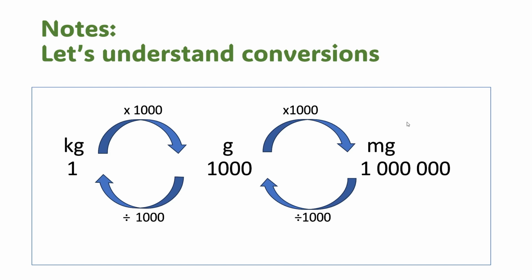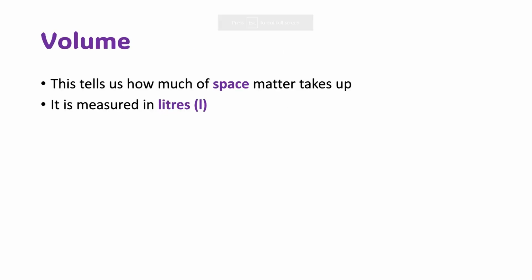And if I'm going from milligrams to grams, or from grams to kilograms, I divide by 1,000. Make sure to take these notes down or take a picture to save under a natural sciences folder so that you can recap this before the exam if you find it challenging.